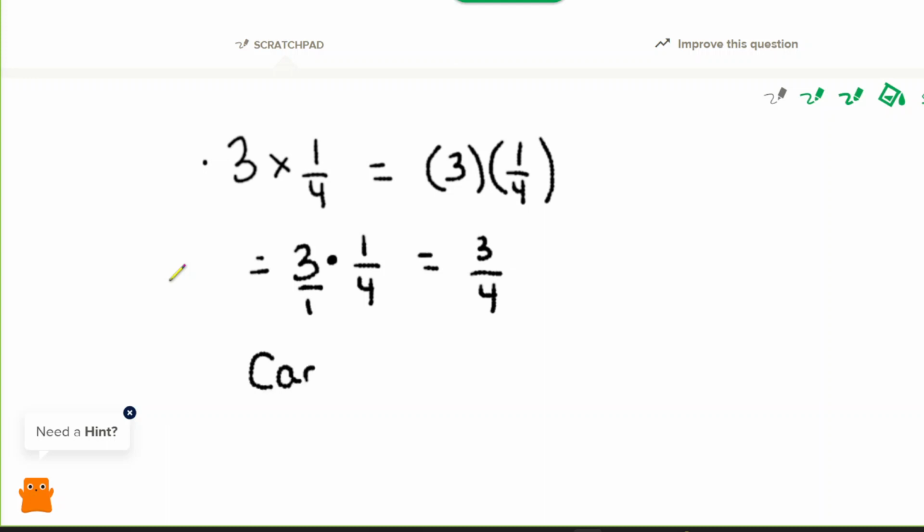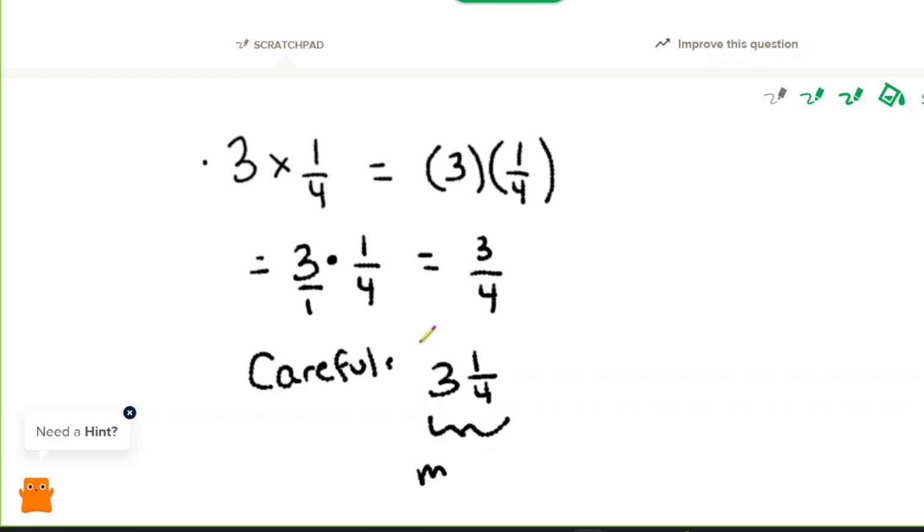Now be careful. This here, when I write just 3 with the 1/4 right next to it and no parentheses or multiplication symbol, this is called a mixed number.